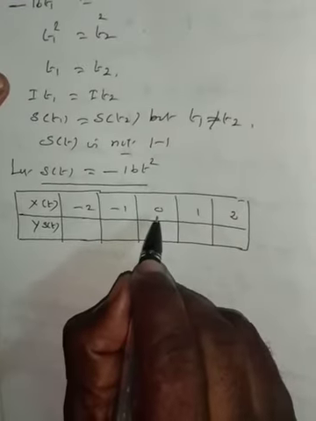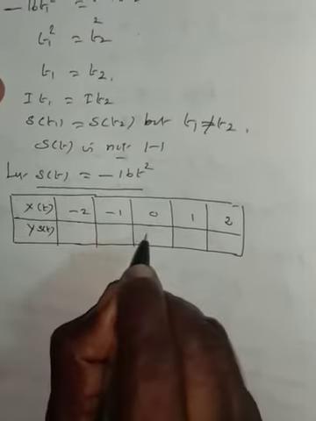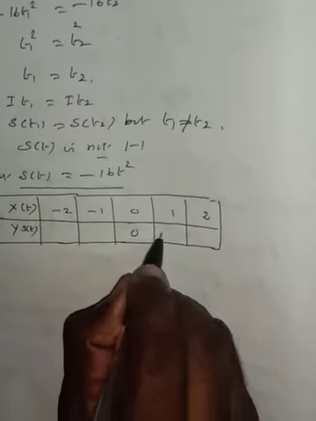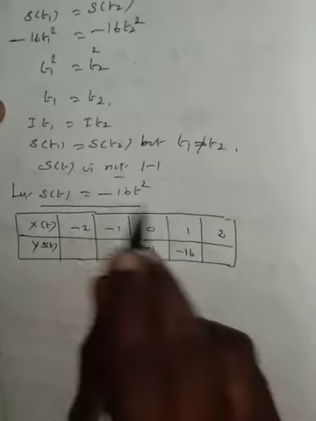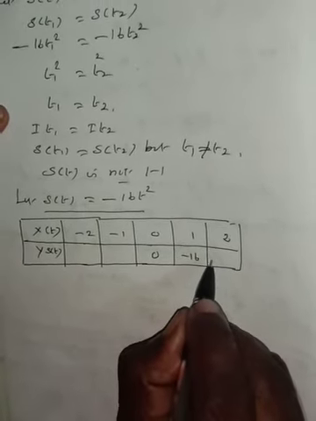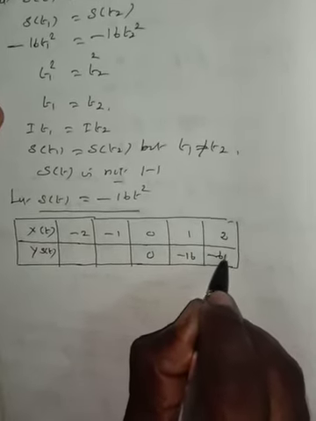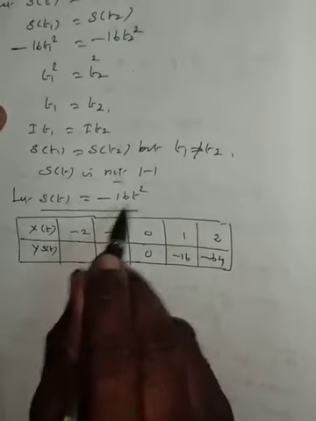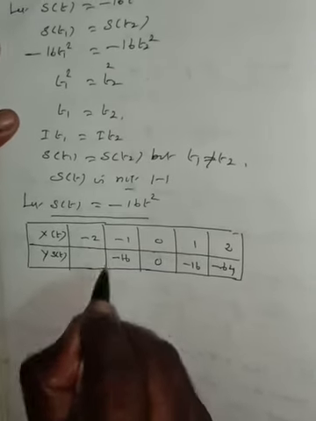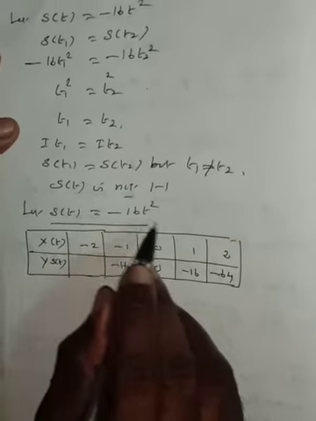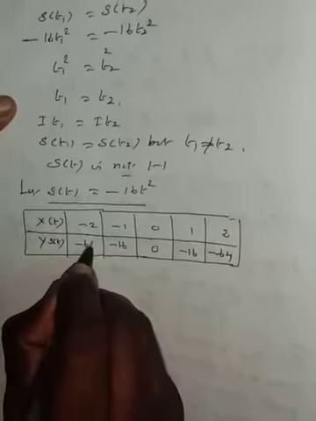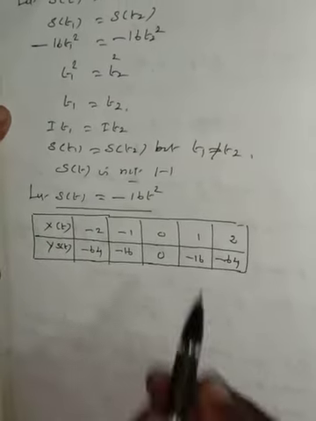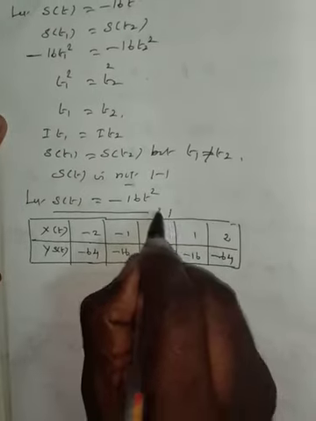Substitute t is equal to 0 in s of t, we get y is 0. Next apply 1: minus 16. Apply 2: 4 times 16 is 64, so minus 64. Apply minus 1: the whole square is positive 1, so minus 16. Apply minus 2: 4, so minus 64. This is the table.